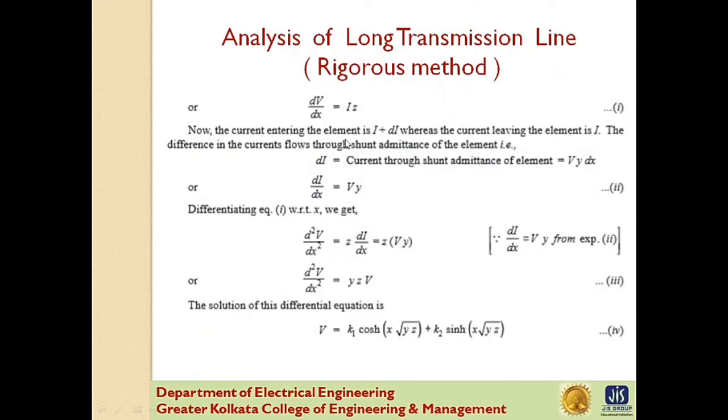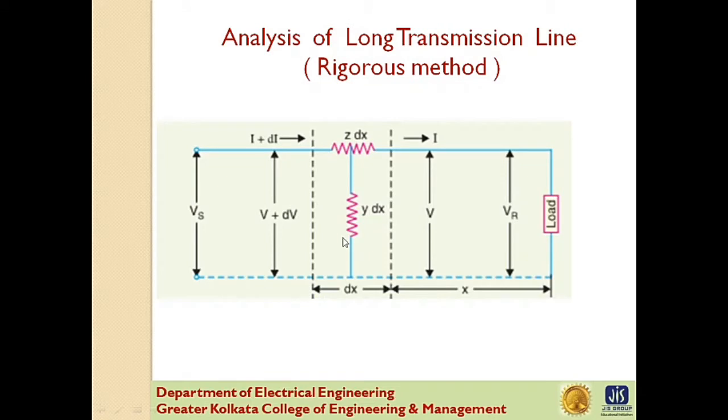Now the current entering the element is I plus dI, whereas the current leaving the element is I. The difference in the current flows through the shunt admittance of the element, that is dI. The current through this shunt admittance is voltage into y dx, that is V y dx.